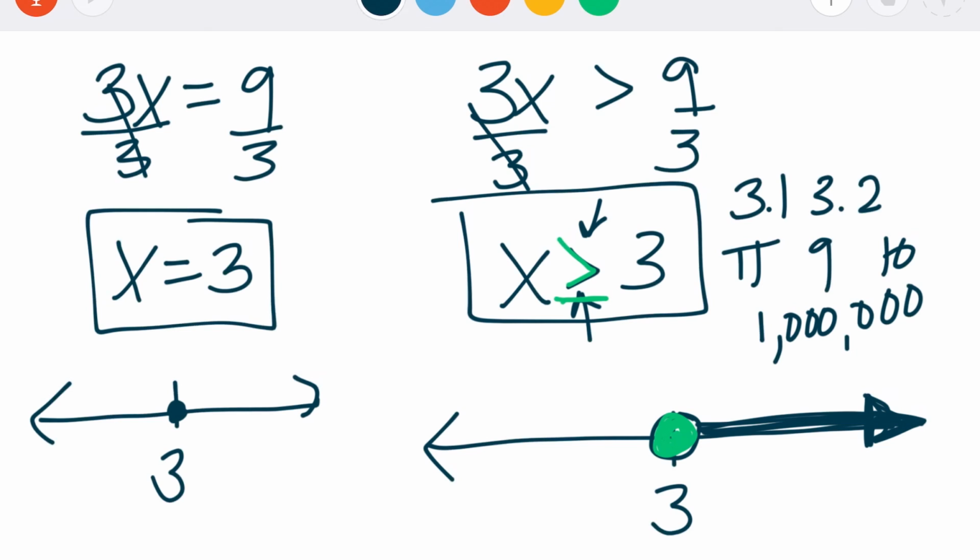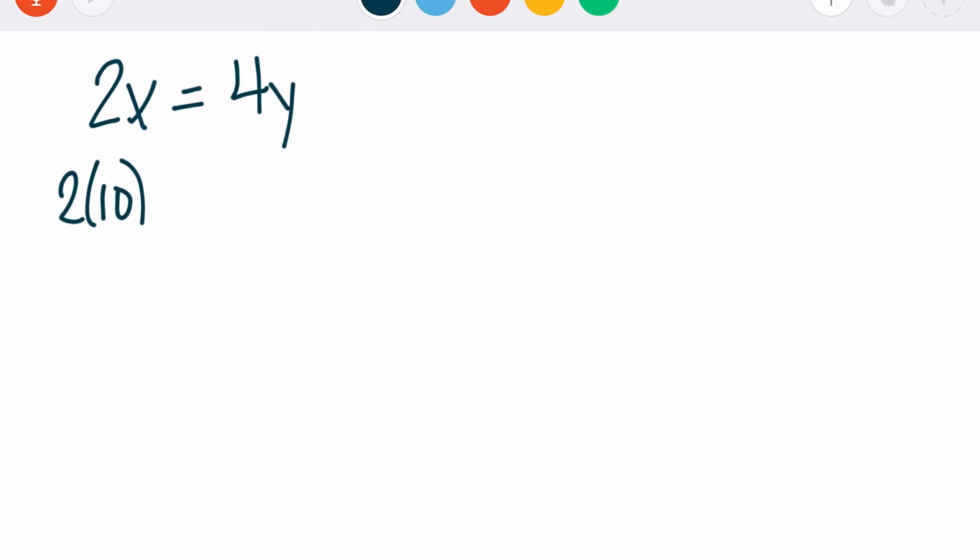What we want to do now is talk about linear equations and linear inequalities. If we go back to a linear equation, if I say 2x equals 4y, I need to know numbers that x and y could be. Well, x could be 10 and y could be 5.